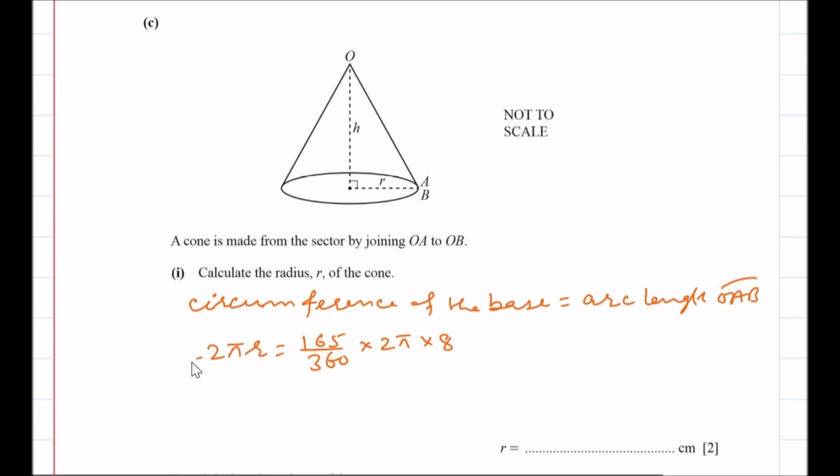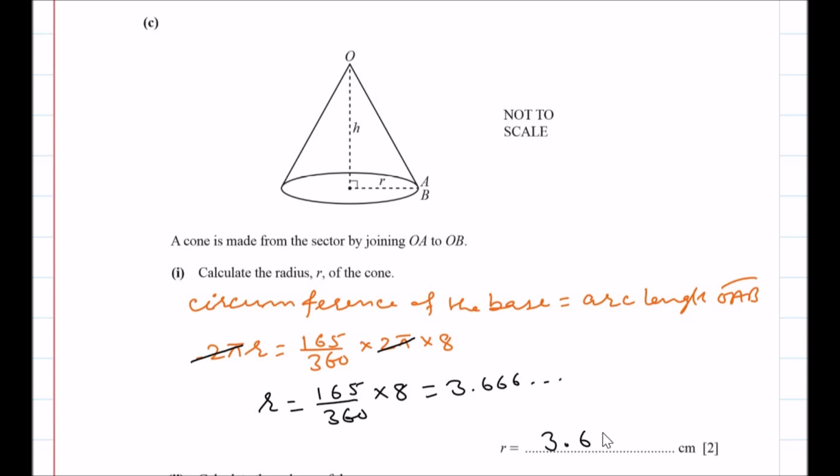Now 2 pi and 2 pi here cancel out, so we get r is equal to 165 by 360 into 8, and if we put it in the calculator it gives us 3.666 and so on, right? So the answer becomes 3.67 centimeter. Okay.